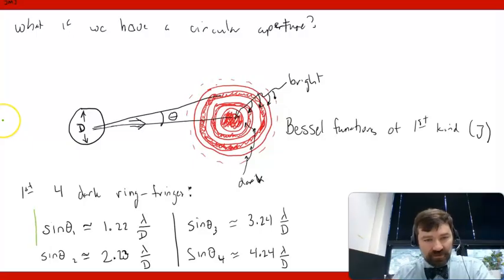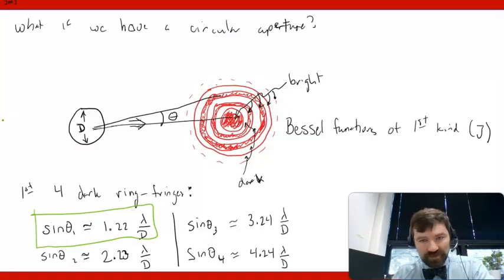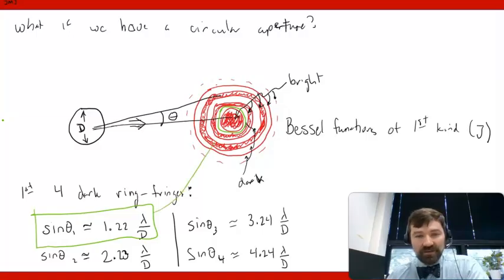Specifically, this first dark fringe location, that would be this innermost circle right here. And actually, if we're calling it the dark fringe, that would be basically this ring right here. So we're assuming that it gets dimmer, dimmer, darkest at this green, and then starts getting brighter again, brightest somewhere in the middle here, etc. All right, so that ends up being our most important one for our purposes.